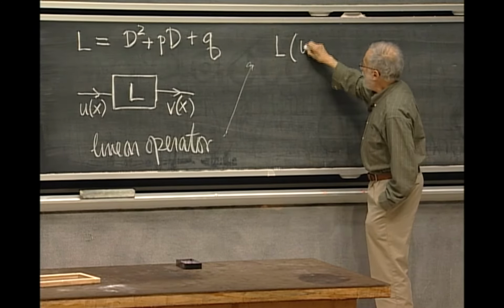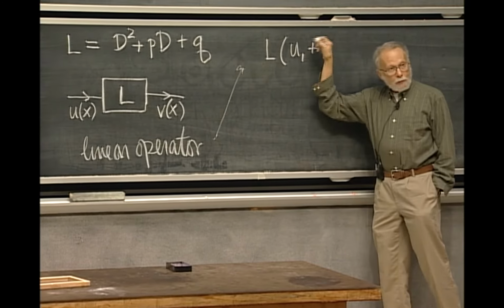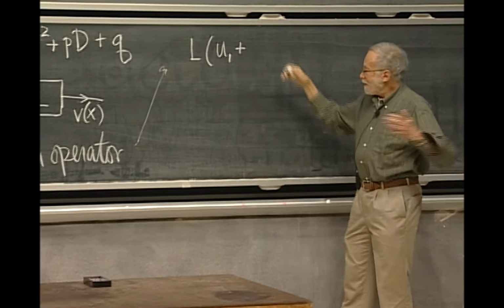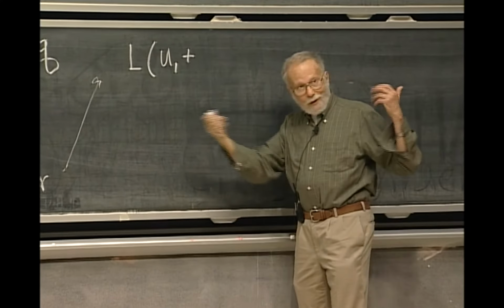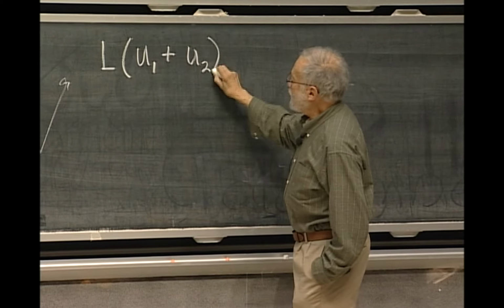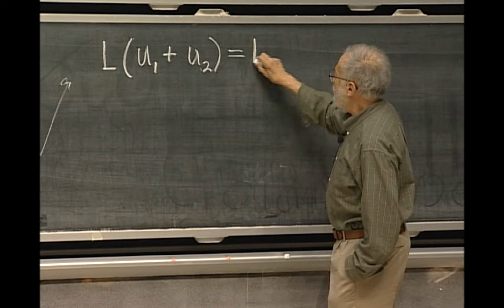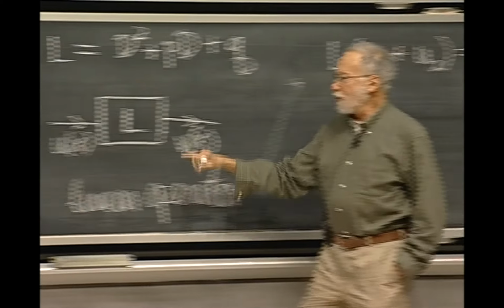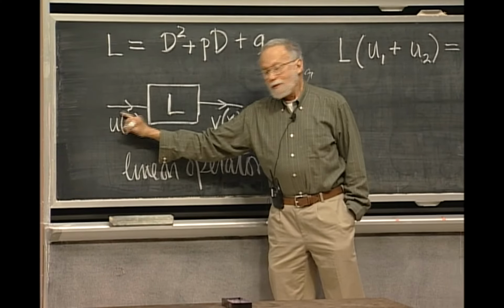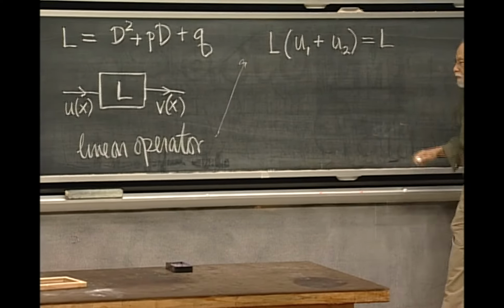That L of u1 plus u2, if you have two functions, I'm not going to put in the parentheses x because it just makes things look longer and not any clearer. What does L do to the sum of two functions? If it's a linear operator, then if you put in the sum of two functions, what you must get out is the sum of the corresponding L's of each.